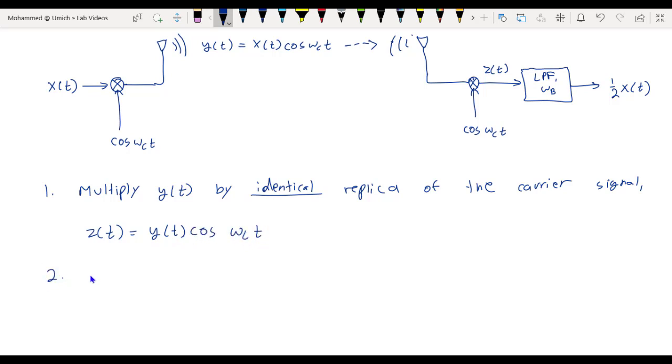And then step 2 is low pass filter the signal z(t) with cutoff frequency omega_b < omega_cutoff < 2 omega_c minus omega_b. So in other words, the cutoff frequency of our low pass filter can be anywhere between omega_b, the maximum frequency stored in our audio signal, and twice the carrier frequency minus omega_b.